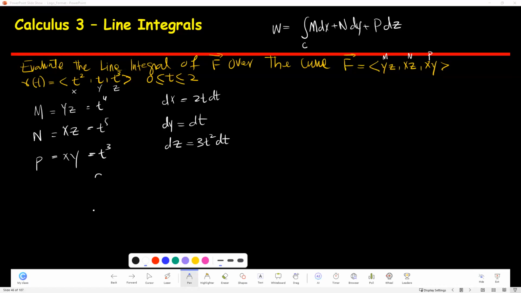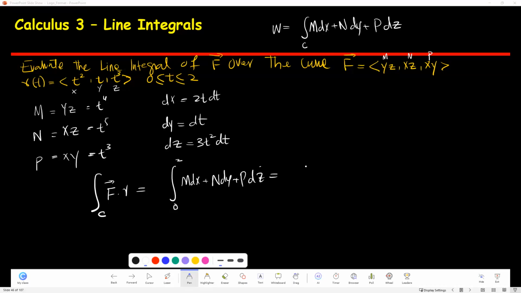Now I'm going to write this function, fairly simple, F dot dr over C, or I can write it like this, from 0 to 2, and I substitute the values into M dx plus N dy plus P dz.